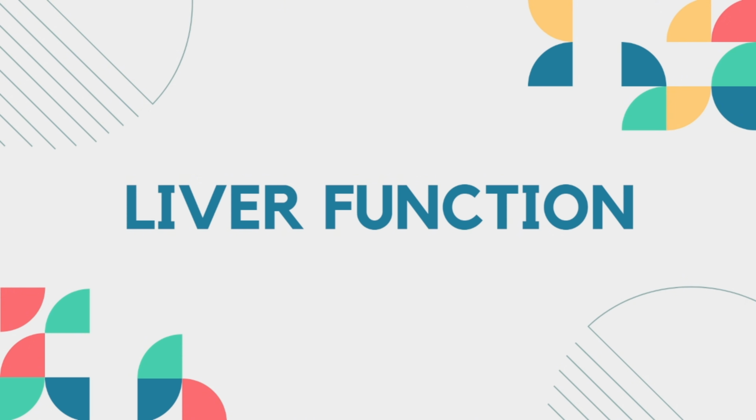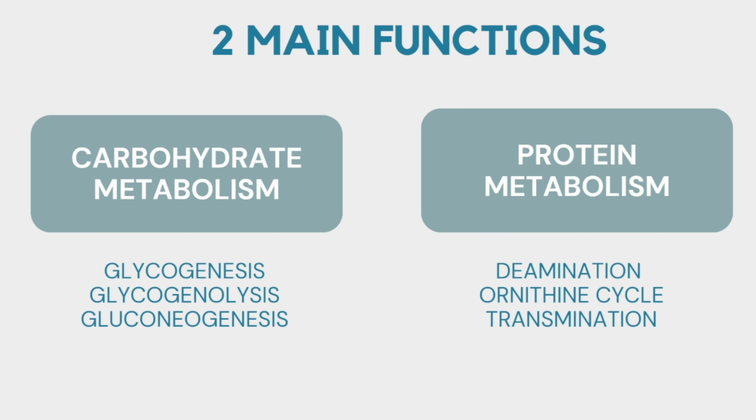Okay. Next, we go through the liver function. There are actually two major functions in the liver. The first one is carbohydrate metabolism, and the other one is protein metabolism.